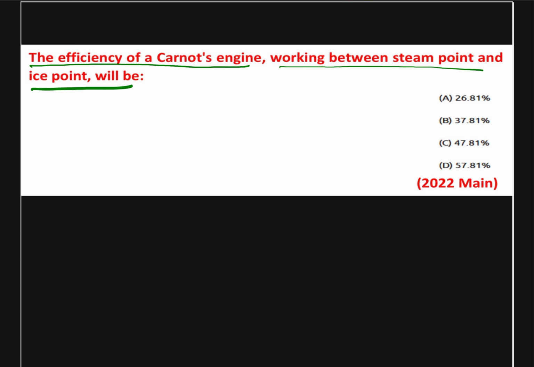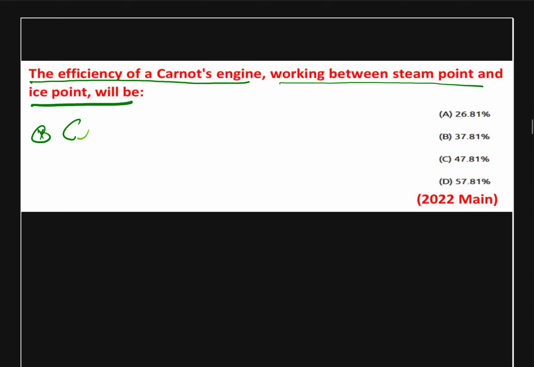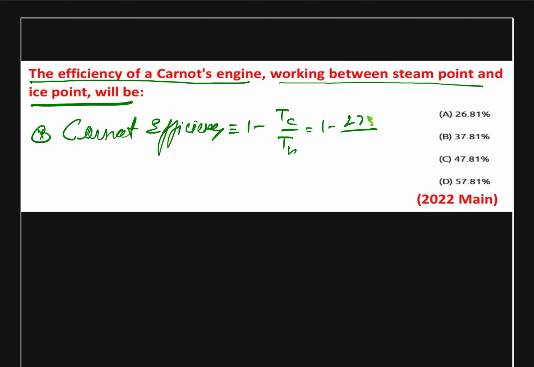And we know that our Carnot efficiency will be equal to 1 minus T of C upon T of H. 1 minus, we have this as temperature for cold is about 273 and temperature of hot will be our 373.